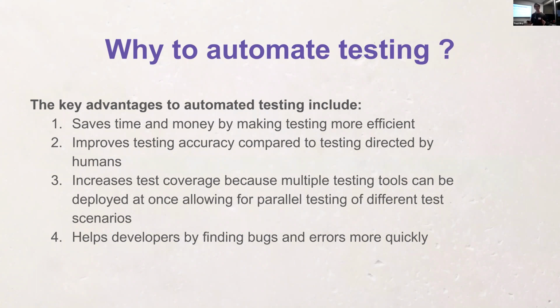This actually saves a company a lot of money, because instead of spending so many resources on manual checks, you can automate them and focus on more interesting things, like exploratory testing and so on.